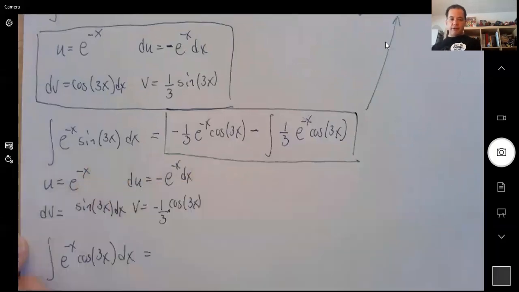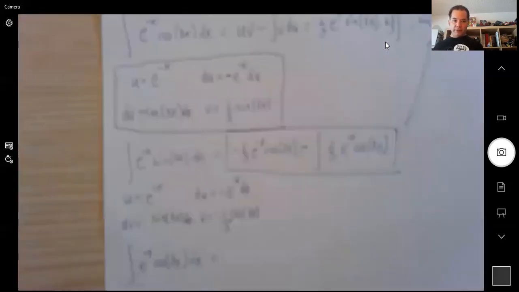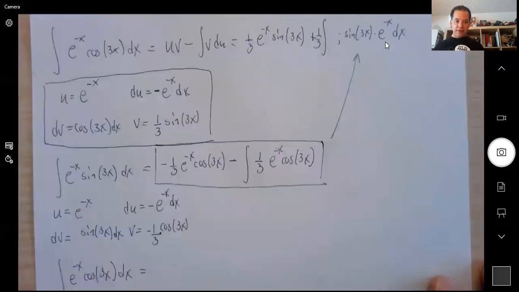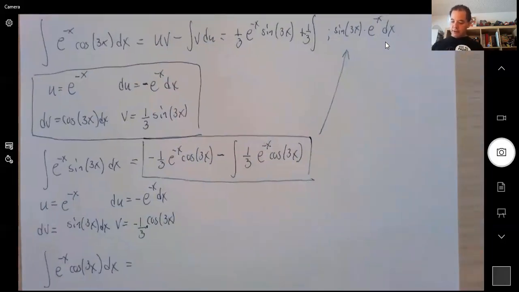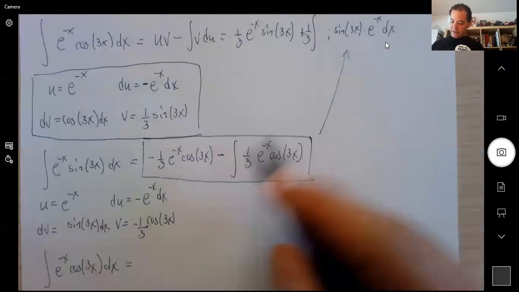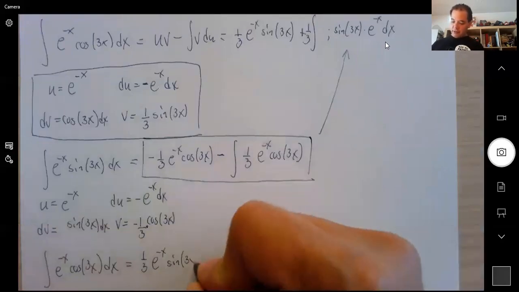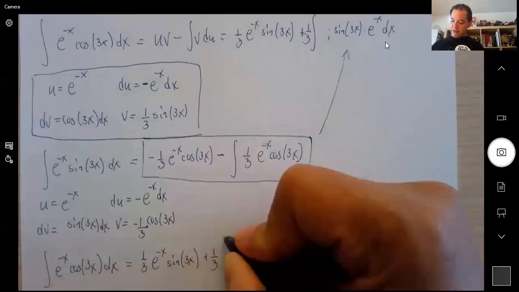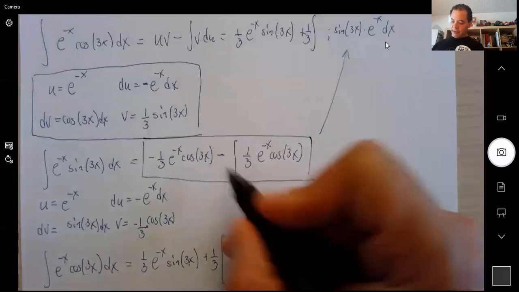Let me see if I can move a little further back so you can see. Yes, that's gonna work. So that one is this one, and now it's 1/3 e to the negative x sine 3x plus 1/3, and now this is the one we calculated, this green one. It's gonna fit in here.